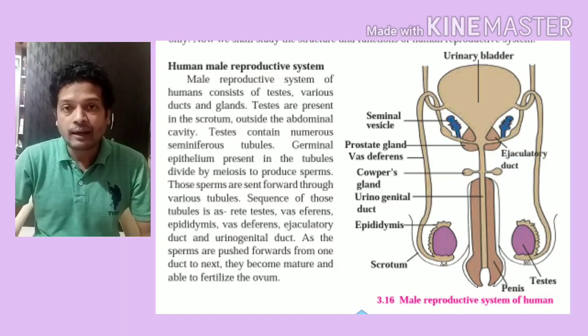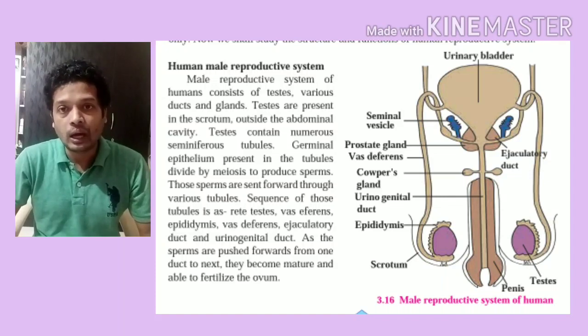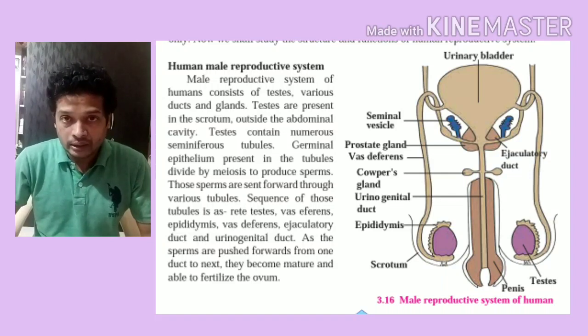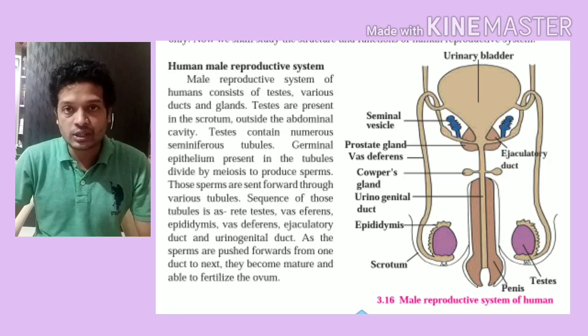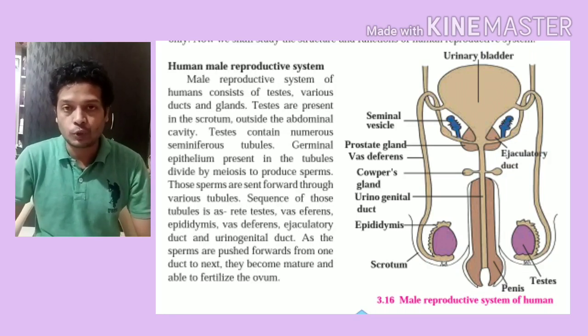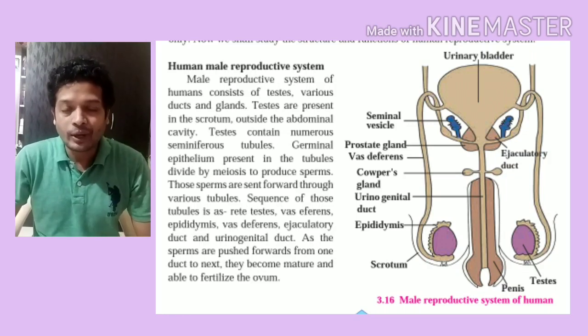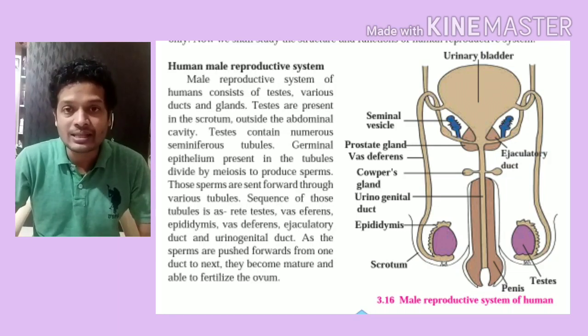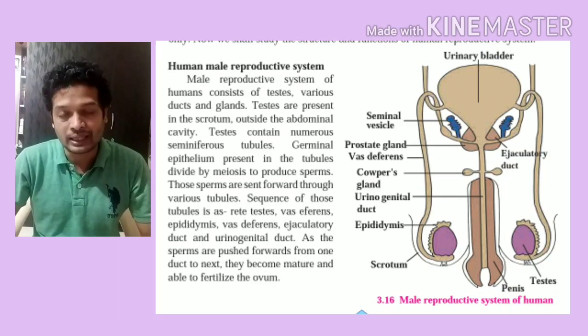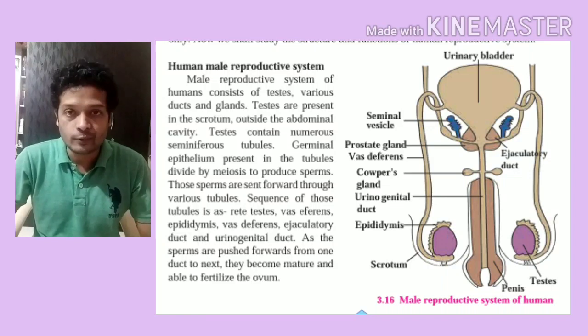The testes are located outside the body in a sac known as the scrotal sac or scrotum. The reason is that the temperature required for formation of sperms is 2 to 3 degrees Celsius less than body temperature. That is why the testes are located outside the body in the scrotum.